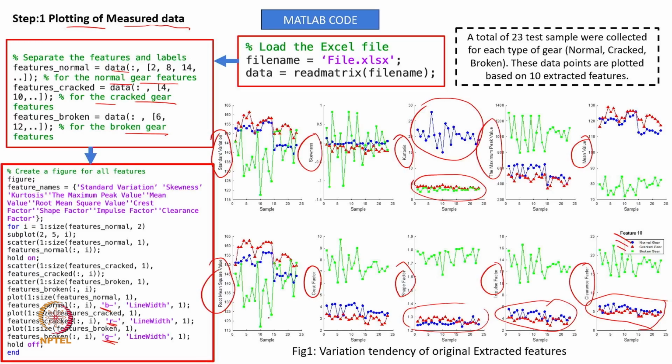While in the case of the green line you are able to see a separation in almost all the cases, except, as I mentioned, in the kurtosis value here, and one more here, and then in the skewness we also see a lot of overlap.